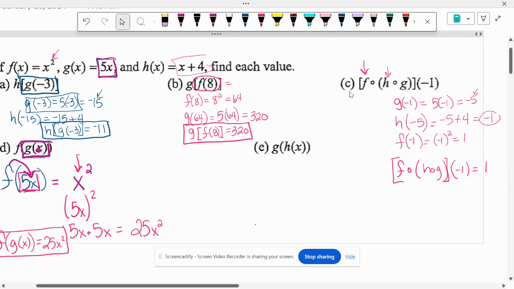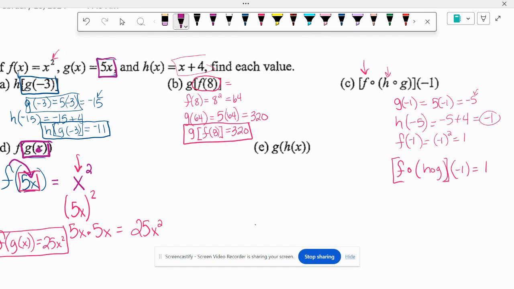Same thing with example E. It says first you're going to evaluate h of x. Well, h of x is x plus 4. Now we're going to take the g function, and we're going to evaluate it at x plus 4.